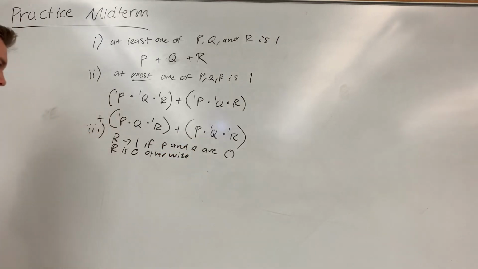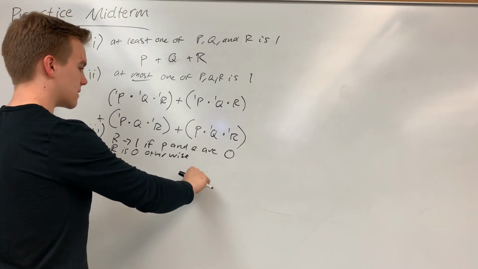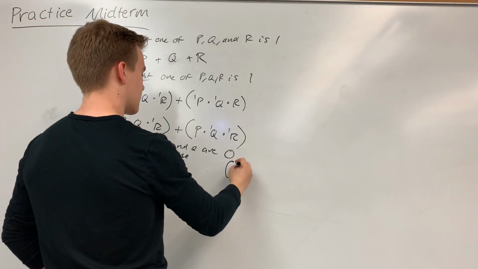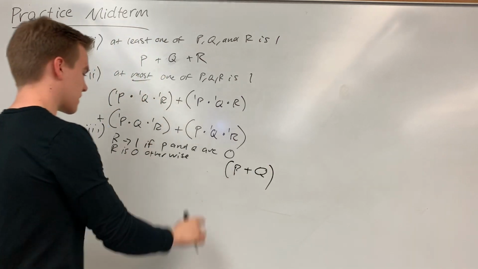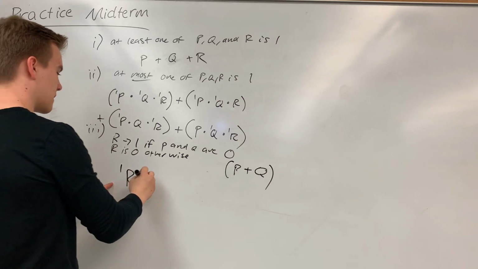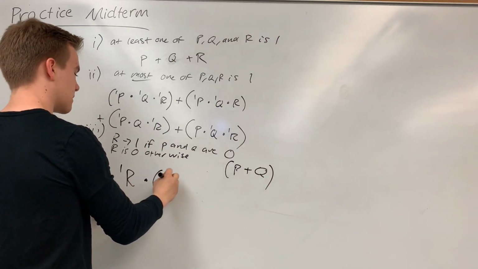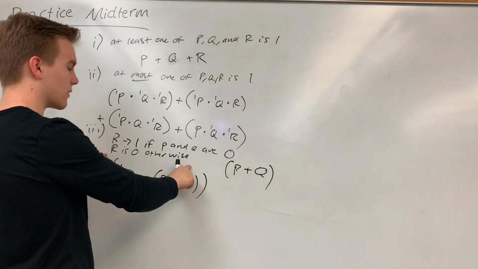Okay, interesting. So P and Q are both 0 is the opposite of P or Q. So I can say down here, R is 0, not R, and P or Q. This handles R is 0 otherwise.